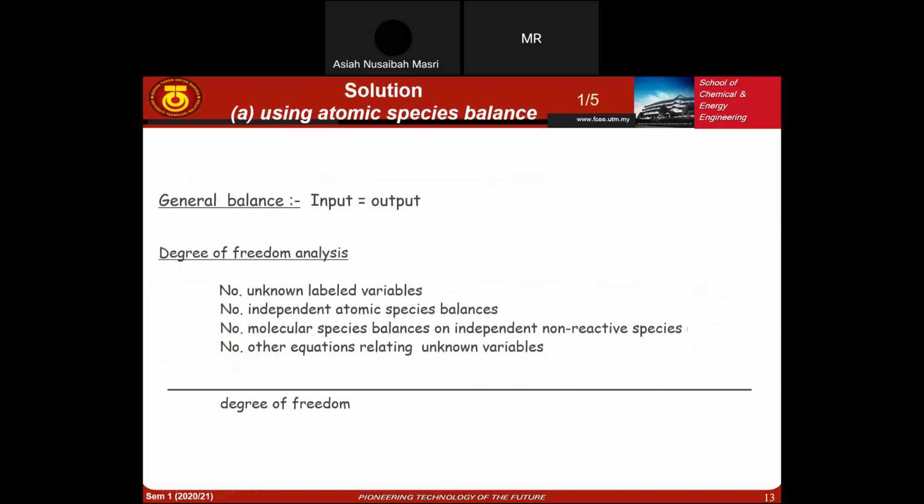Okay, remember we are now solving the mass balance using atomic species balance, not extent of reaction, not molecular species balance. We are using atomic species balance. So the general balance for atomic species is input is equal to output. So that we have to solve using degree of freedom analysis. Okay, so how many unknown labeled variables do we have? Remember back, we have the flow chart.